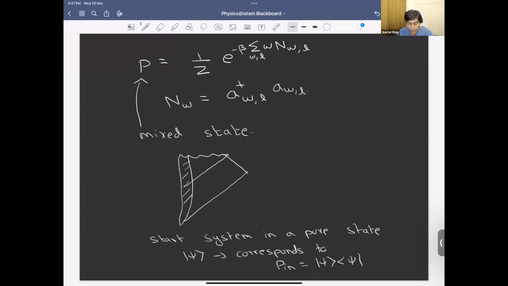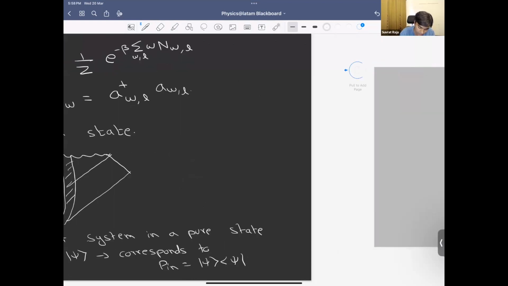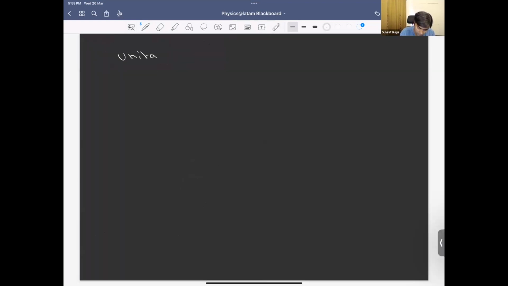Then unitary evolution cannot take |psi><psi| to rho final, which is mixed, which is the one that we wrote last time.